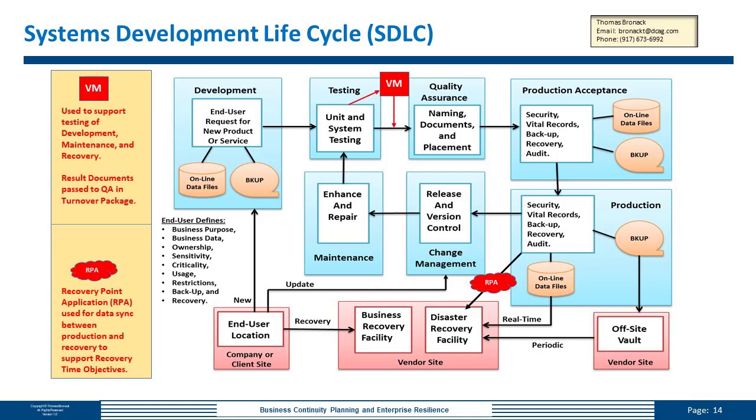Development is initiated when the client provides end-user definition of sensitive data and how it should be handled in the production environment. The client will also define their needs for a business recovery facility to house its staff during a disaster event, and their requirement for a disaster recovery facility should an IT disaster recovery event occur. Providing this information will allow for product and recovery planning to commence.